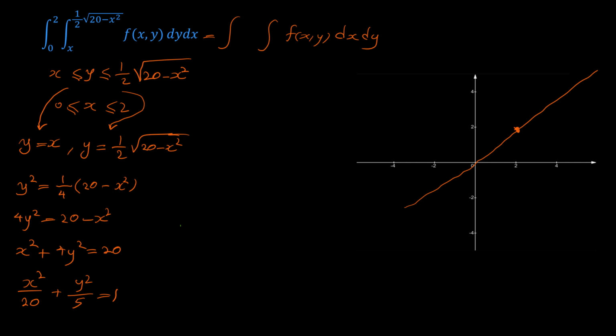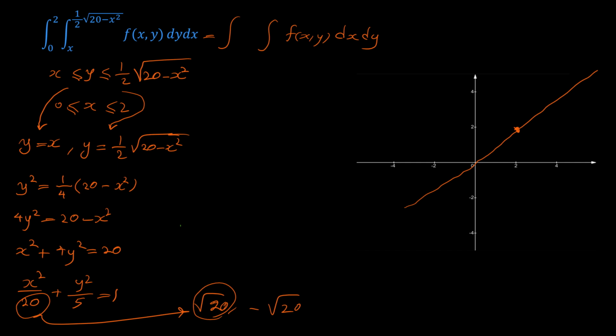Now, if you compare this with the general form of the equation of an ellipse, you can see that this is exactly the equation of an ellipse that intersects the x-axis at the square root of 20 and negative square root of 20. The square root of 20 is something close to 4.5 because 20 is between 16 and 25.